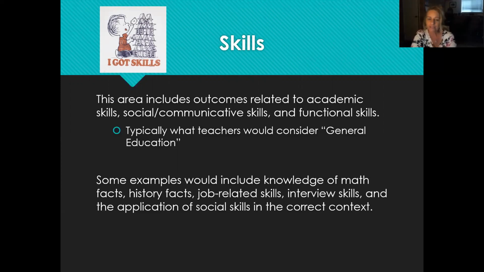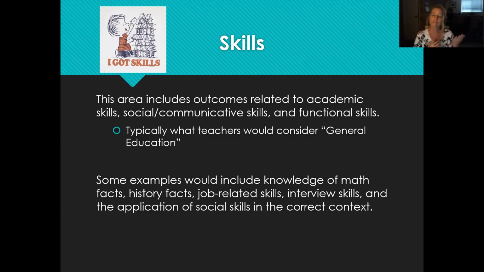This is typically what teachers would consider the general education, the curricular sequences that they go through, and the skills that the general education students or the majority of the students possess as far as social communication skills. And you'll think a lot about this in developmental frameworks.